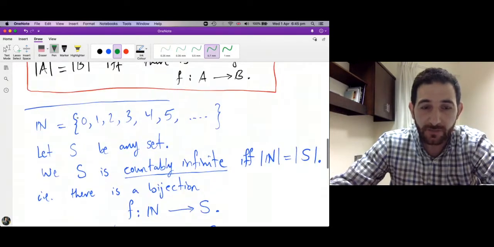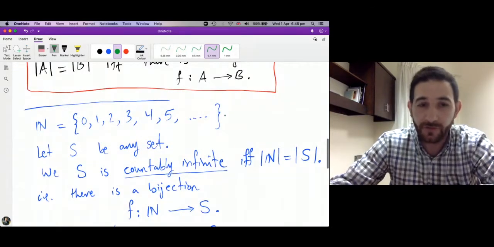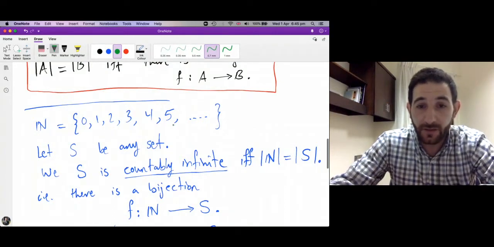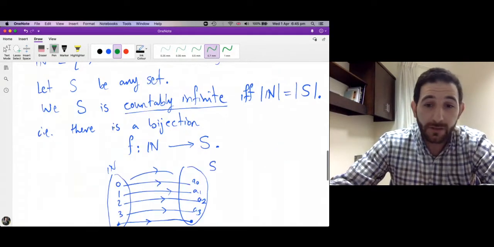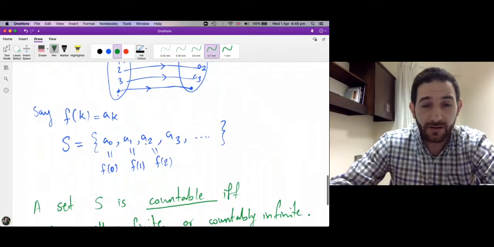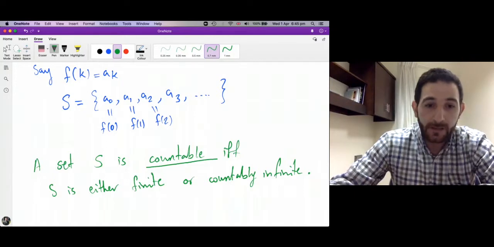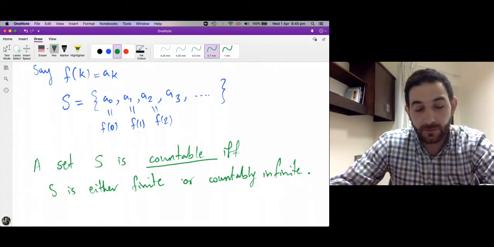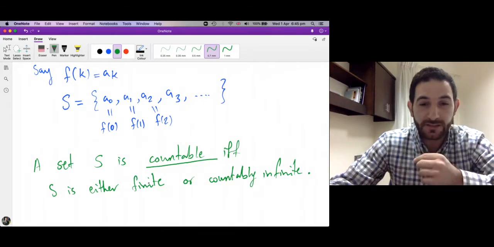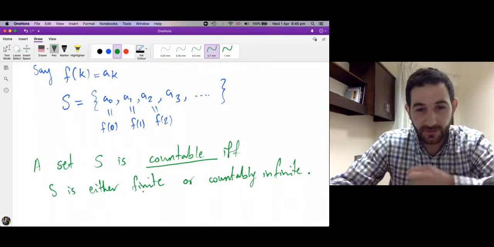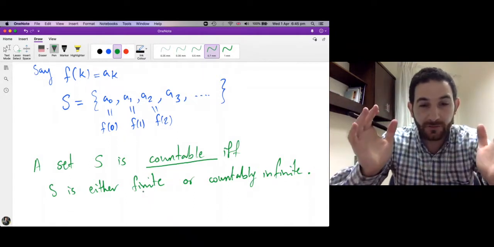Okay, so countably infinite means we can list its elements in the same way we can list the elements of the natural numbers 0, 1, 2, 3, 4, 5, and so on. If you can list the elements of S one after the other and you can list all of them, and they are infinitely many, then we call S countably infinite. Otherwise, if there are finitely many elements in S, then the set is finite, so there's a finite amount of them.